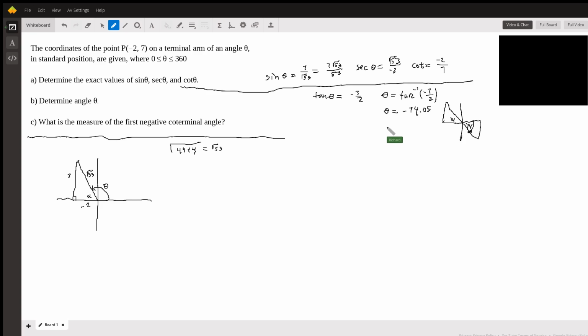I'm going to get the theta here is going to be 105.9 degrees. If that's 105.9 degrees, then alpha is going to be 74.1 degrees, which is what we're after. Okay, so that's part B. Here's part A.